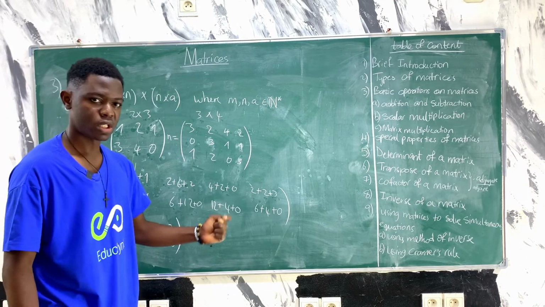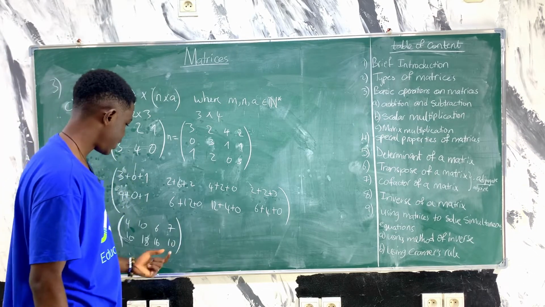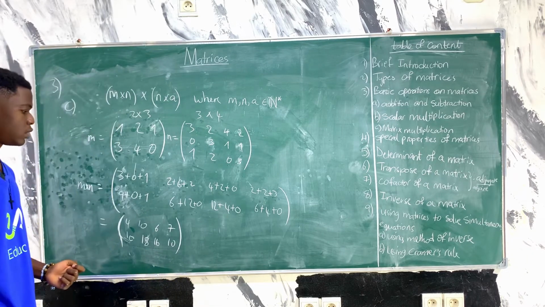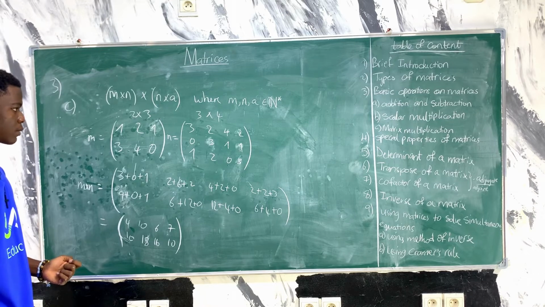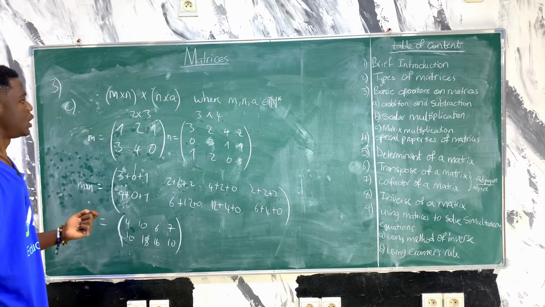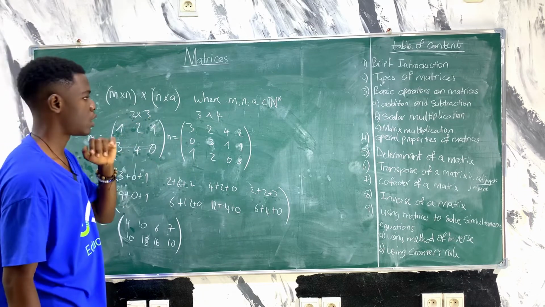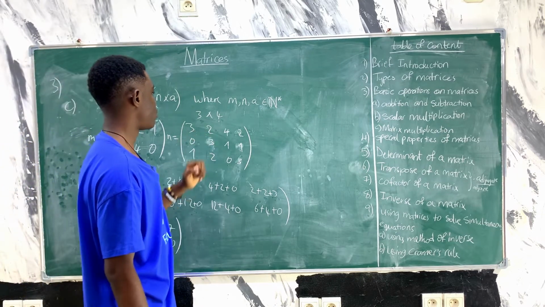What do we notice from this final answer? We notice that this matrix was a 2 by 3 matrix. That is the order. This matrix was a 3 by 4 matrix.